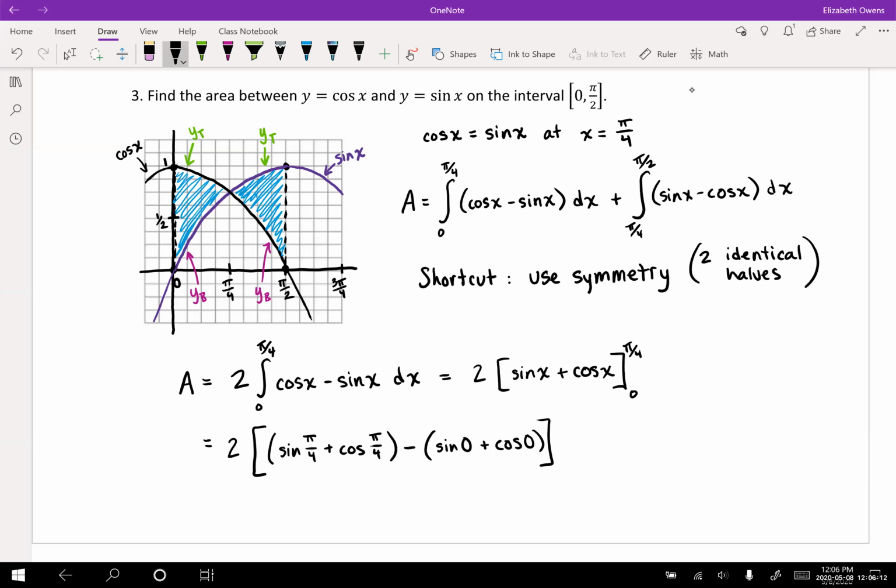Then we'll put in the values of those trig functions. Sine and cosine of pi over 4 are both the same value. It's root 2 over 2. So we got root 2 over 2 plus root 2 over 2. The sine of 0 is 0, so that's gone. And then the cosine of 0 is 1. So we're going to be subtracting 1 there.